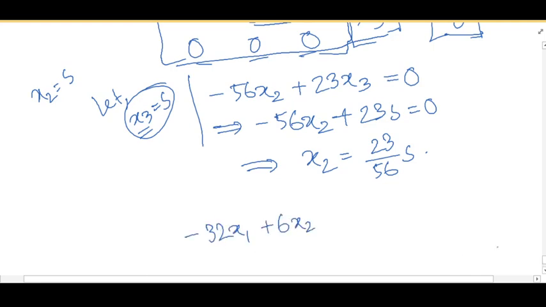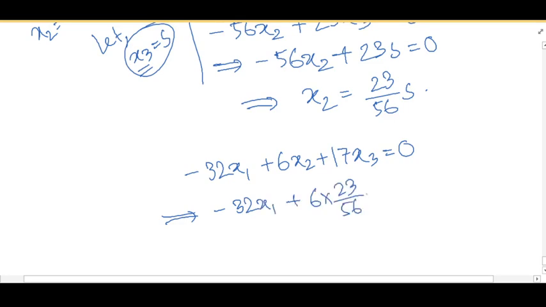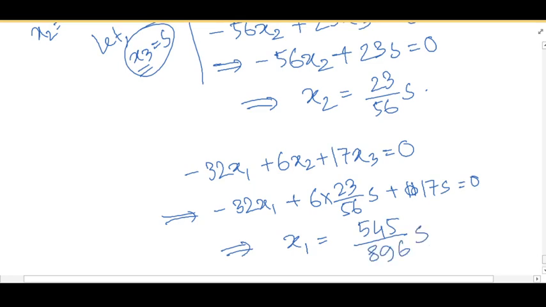And if you use the first equation, minus 32 x1 plus 6 x2 plus 17 x3 equals 0, and you put the values of x2 and x3 there, minus 32 x1 plus 6 multiplied by 23 by 56 s plus 17 s equals 0, it will eventually become the value of x1 will be equal to 545 divided by 896, if I'm not wrong.